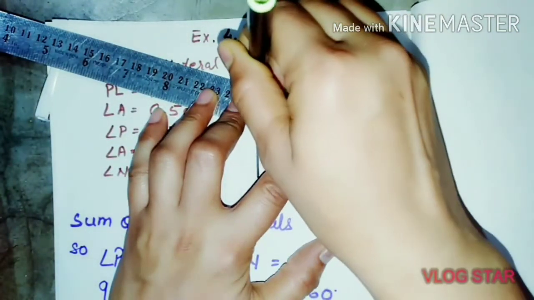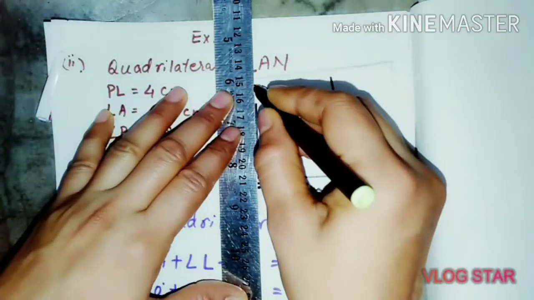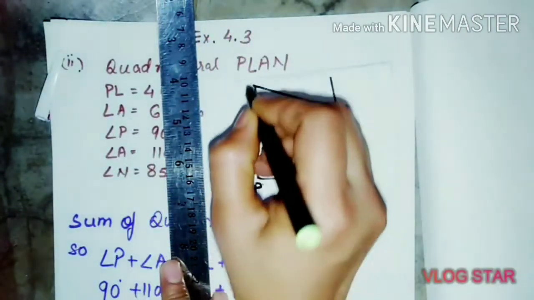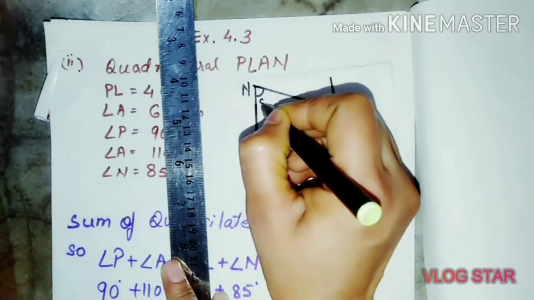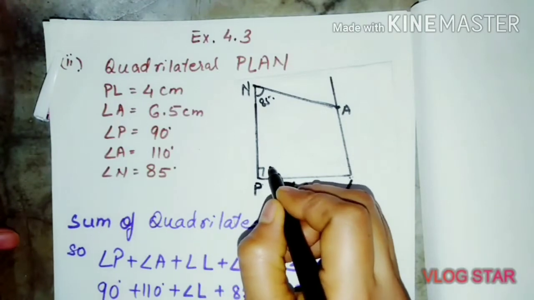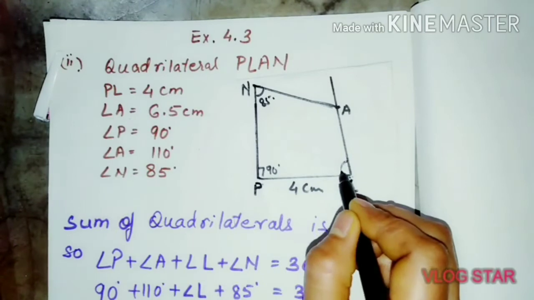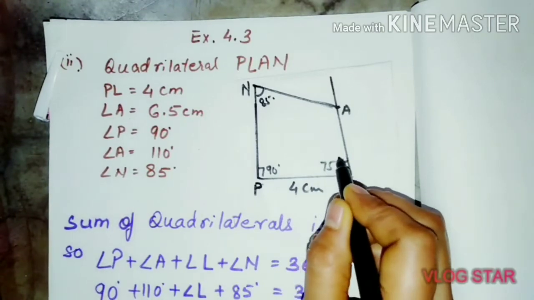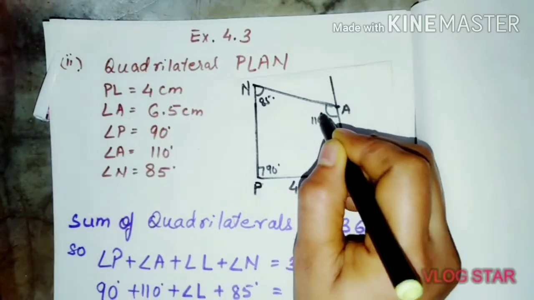It's only a rough figure. So you have to draw like this, and this point is point N. Automatically you can see that it is 85 degree. Angle P is 90 degree, angle L is 75 degree and angle A is 110 degree.